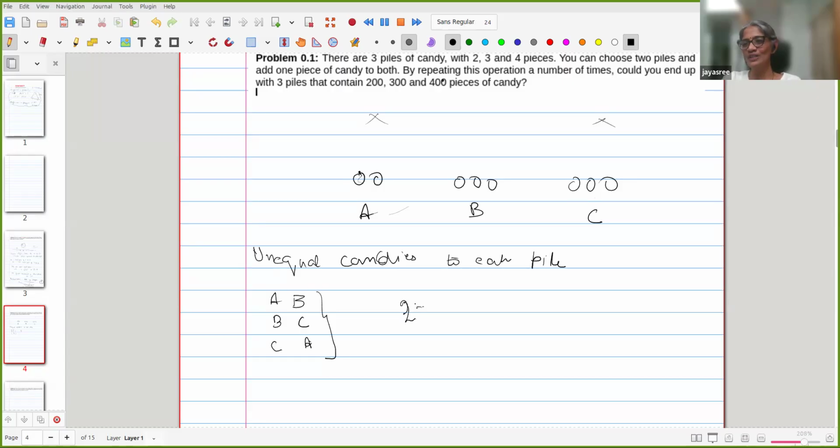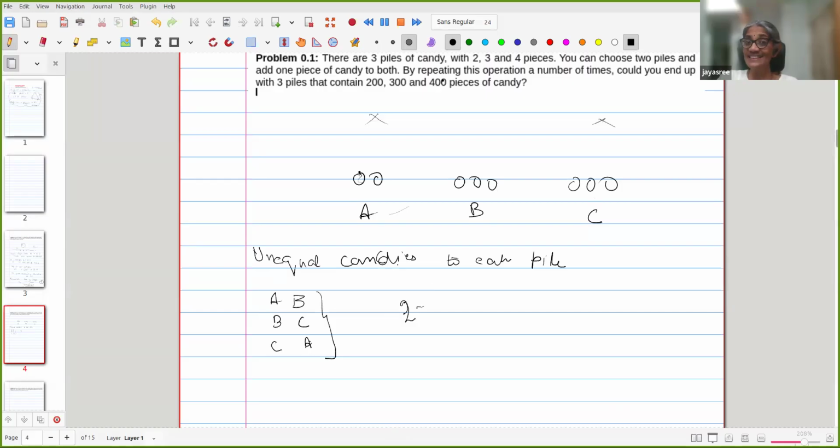Shraddha, you are very close but not quite there, because on the 3 pile I can add 1 candy, no? I don't get it. Okay, so what you're saying is that even number 2 can become 200, 4 can become 400 or 200, whatever.